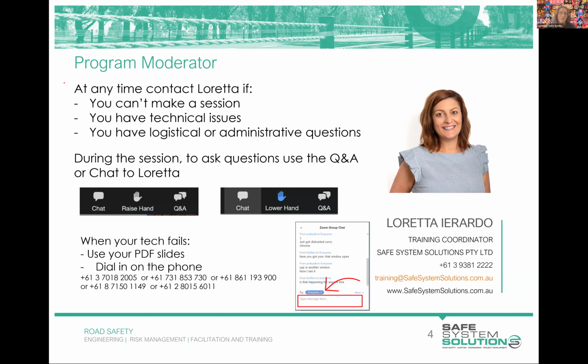In regards to the webinar sessions, as you may have heard at the start, it is a webinar, so it's not a meeting, which means we cannot see you and we cannot hear you. The best thing to do is to use the chat function. There are two ways you can interact: the chat and the Q&A. If it's a question, use the Q&A so we can raise that with the presenters.